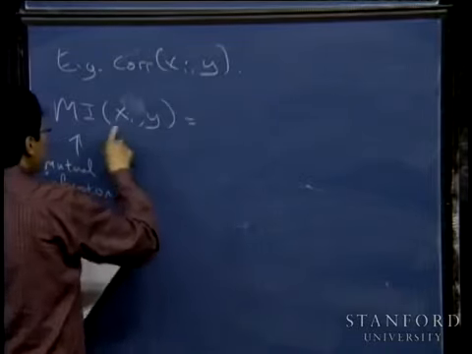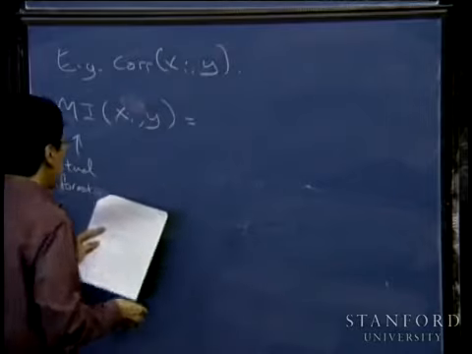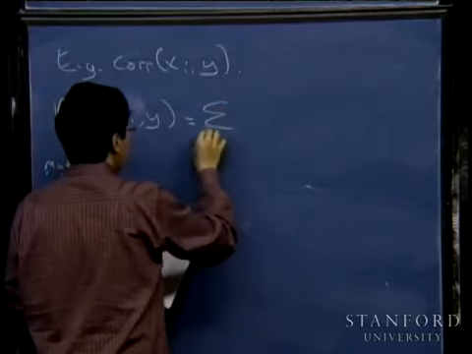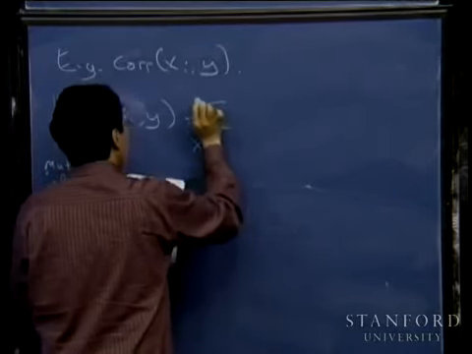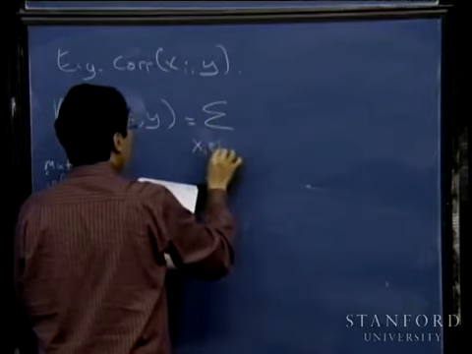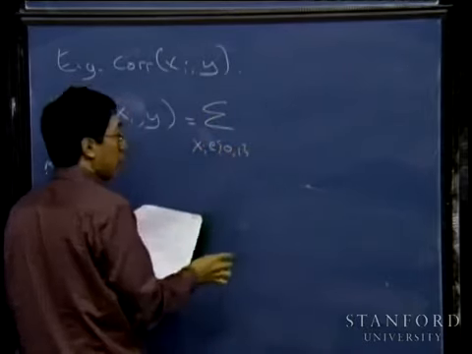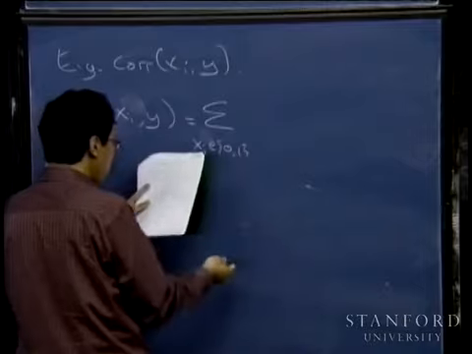So the mutual information between the feature xi and y, I'll just write out the definition. Let's say this is text classification, so x can take on two values, 0, 1.